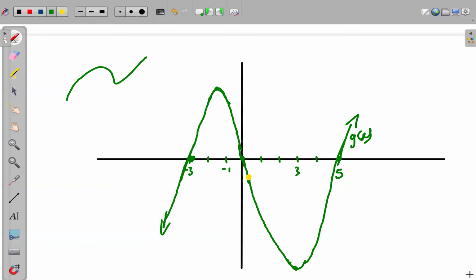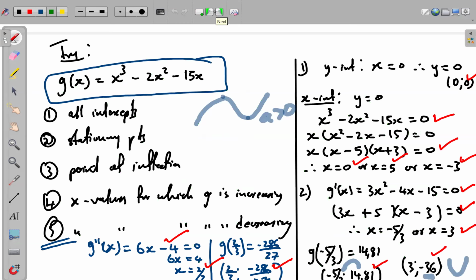Yes. At the x-intercepts, instead of writing x equals to 0, I used difference of two squares, and it gave me x equals to 5 and x equals to negative 5.